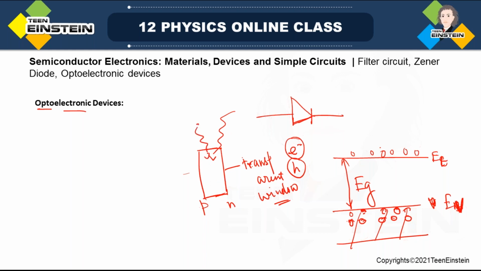So an optoelectronic device means that when you shine a diode with light, you get an electrical signal.